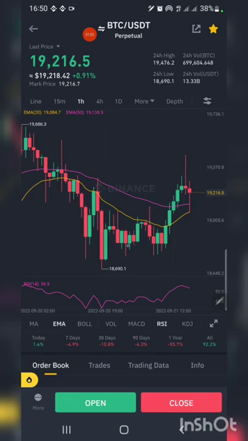A support level is a level at which an asset gets to and stops falling. And how can this help you to pick a trade or take a position?